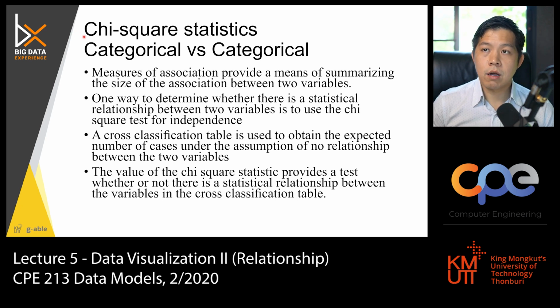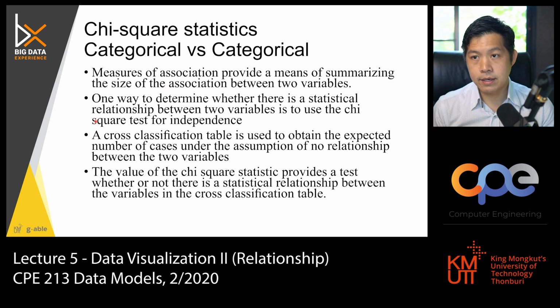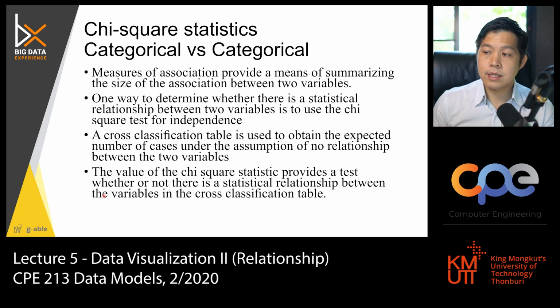That method is called the chi-square statistic. Chi-square allows you to measure association by summarizing the numbers that you saw earlier into just one measurement. This statistic allows you to determine the relationship between two variables, which can be used to indicate independence in the variables from the cross tabulation.